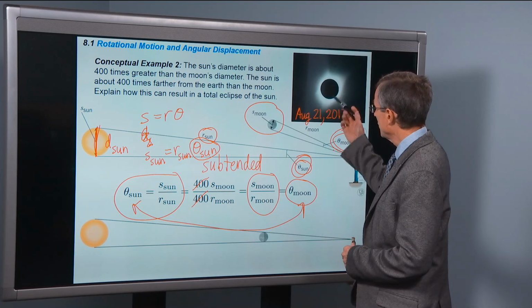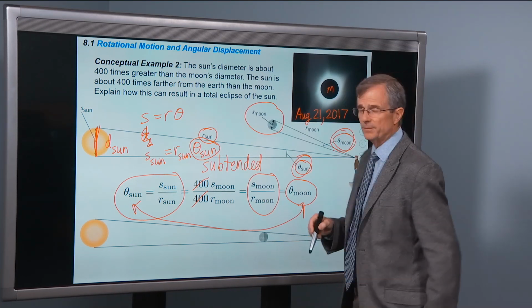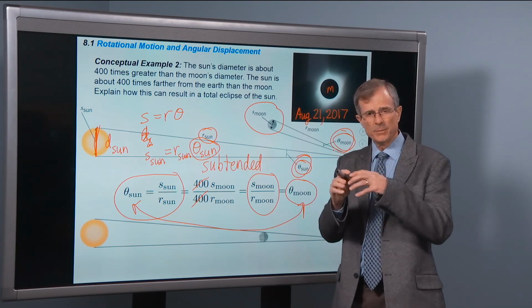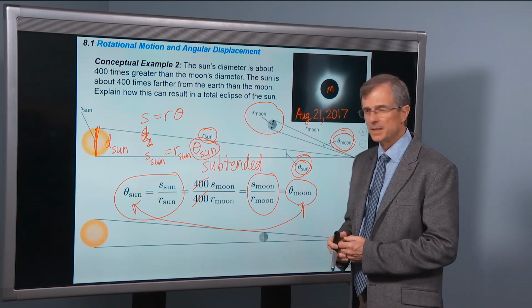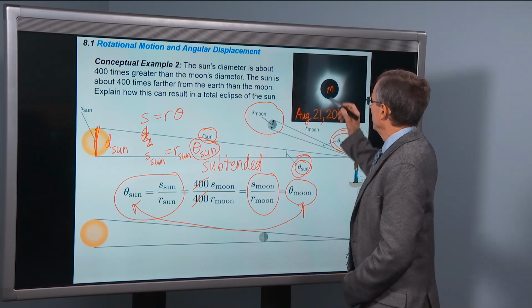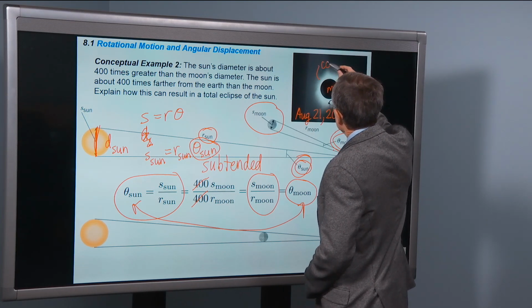What you see in this photograph is the moon. This is the black disk of the moon that's covering up the hot, fiery disk of the sun in the background, and outside around it, this light that you see here is called the corona.